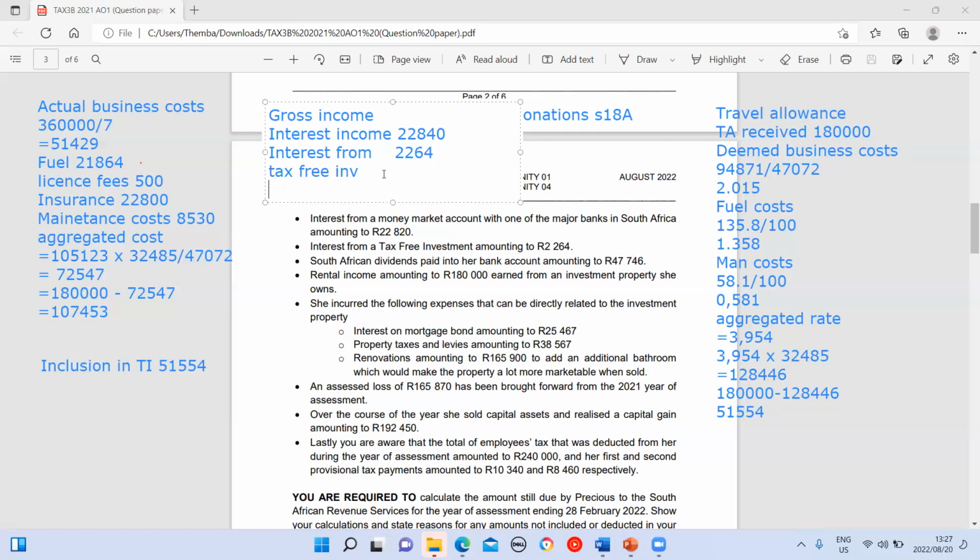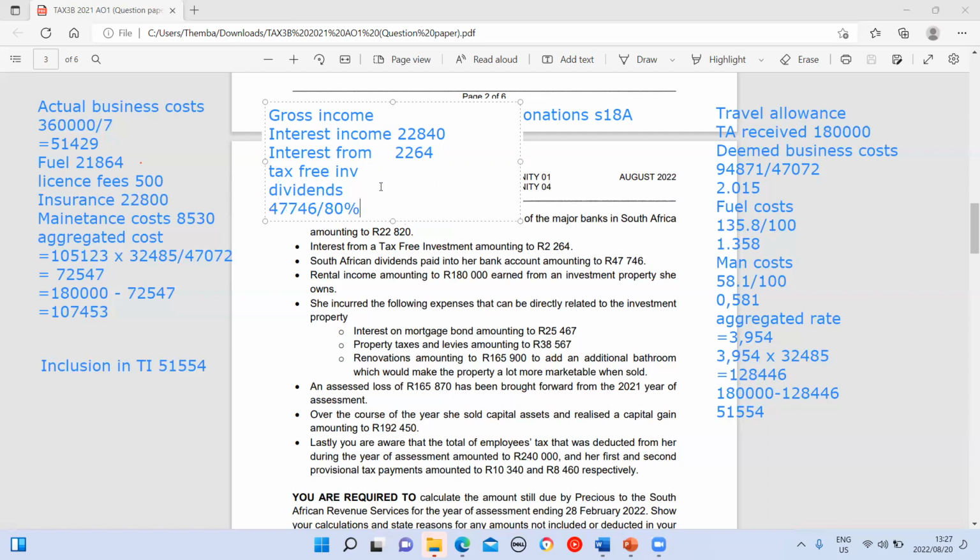So what you'll have to do is reverse this amount to the point where it includes the 20% that was taken out as a result of dividends withholding tax and held by the company that issued the dividend. So for dividends, we'll simply take the 47,746 divided by 80 percent.